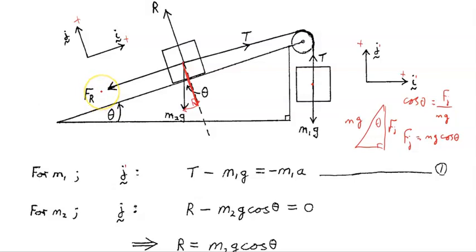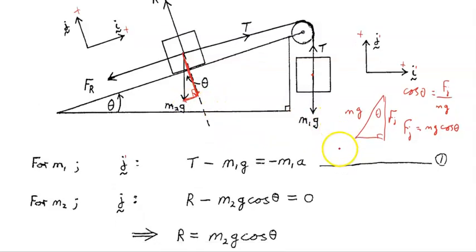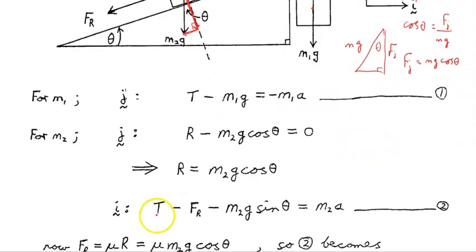In the negative direction, we have the friction force, but we also have this component here. And this component is m2g sine theta. Remember this one, sine theta, opposite over the hypotenuse. Same calculations. So what we get is tension up the plane, minus the friction force, that's down the plane, minus this bottom component here, minus m2g sine theta.